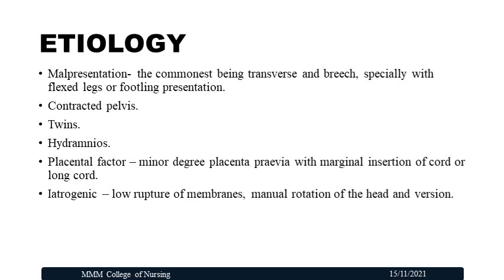Then iatrogenic, in the sense in case of low rupture of membranes, and also manual rotation of the head and also during version. So these are some of the etiological factors of cord prolapse. Here: malpresentation, contracted pelvis, twin pregnancy, hydramnios, placental factor and also the iatrogenic causes.